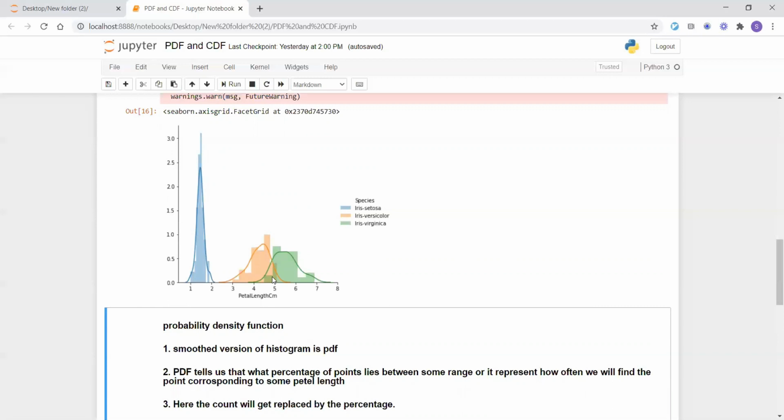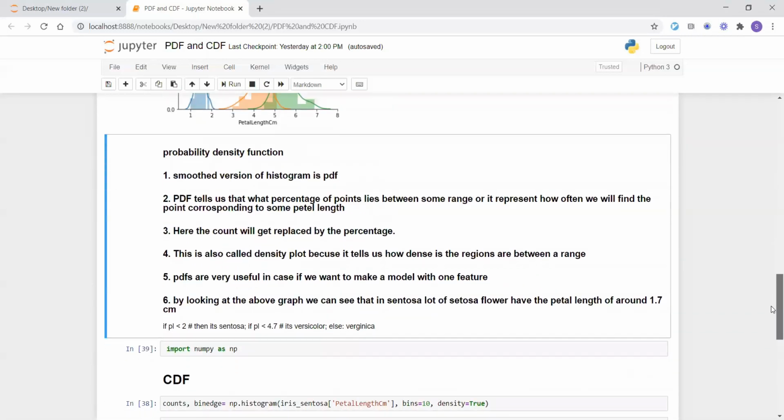We can simply write an if-else condition: if the petal length is less than 2, then those flowers are Setosa. If the petal length is less than 4.7, then those flowers are Versicolor, and else, Virginica. So guys, I have listed down all the points here. You can read out these points.